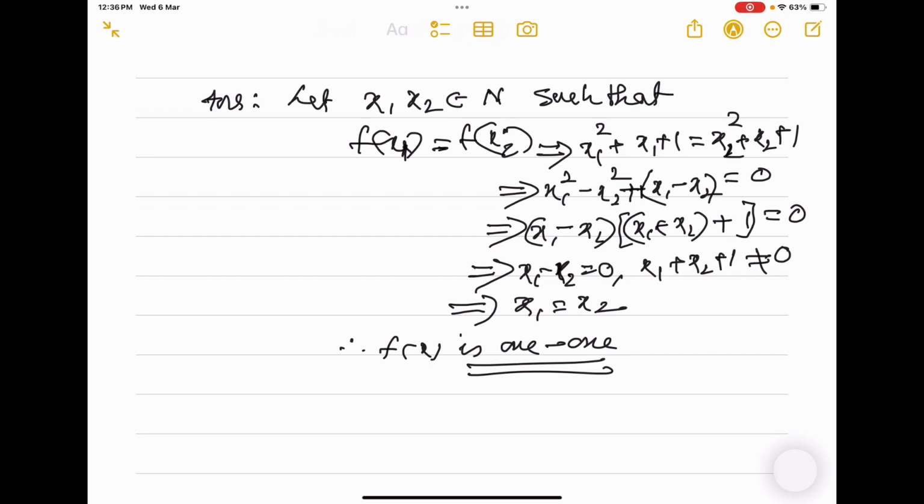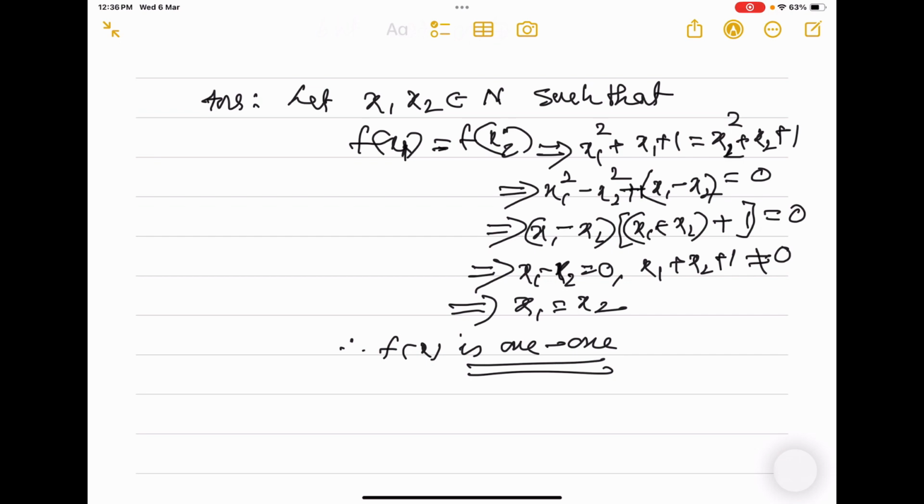Then another method is there: show the range is not equal to the codomain, or that for some value y there is no x such that f of x equals y.